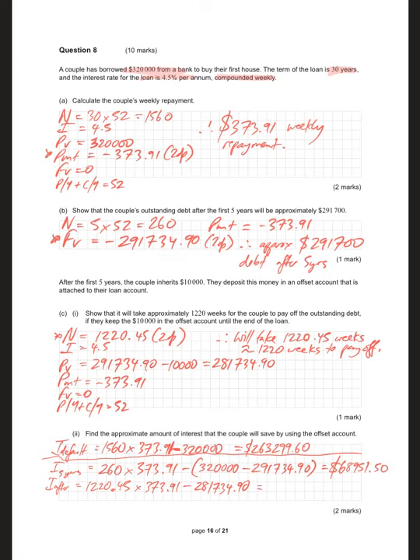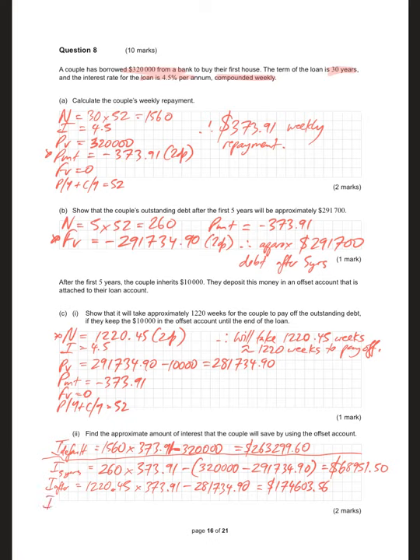That equals 1,220.45 times 373.91 minus 281,734.90. That's 174,603.56.